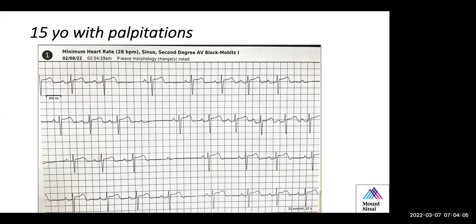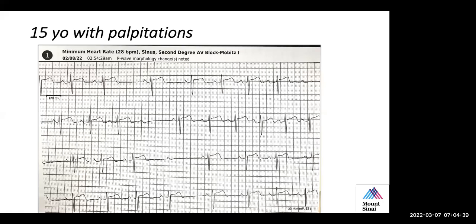Yeah, so looking at the tracing, I see that with the first beat, the PR looks long, and then I think probably it's maybe 40 milliseconds longer in the second one.